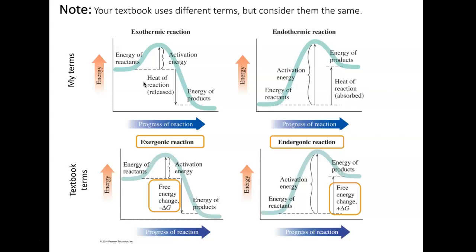For all intents and purposes, they are the same. So if you see exothermic or exergonic, same meaning. Endothermic, endergonic, same meaning. Also, your textbook uses delta G instead of delta H. So it's free energy versus the heat of the reaction. So again, if a problem in the homework mentions delta G, which I don't think it does, treat it as if it's delta H, or the heat of the reaction, because they're very similar.